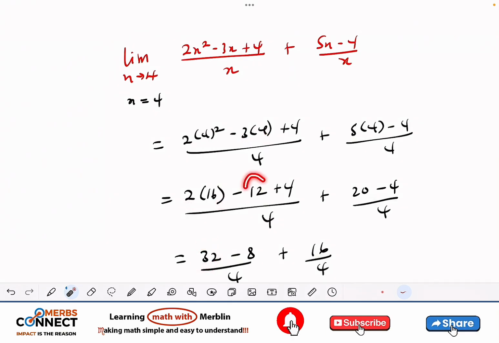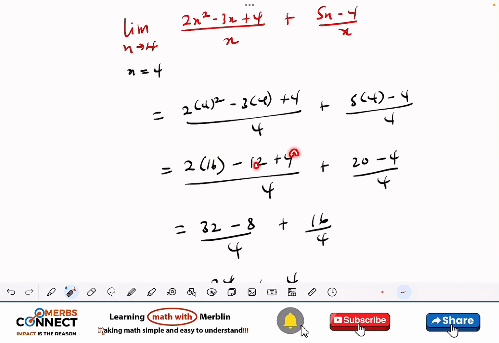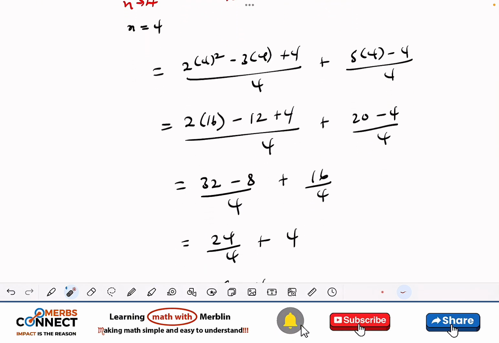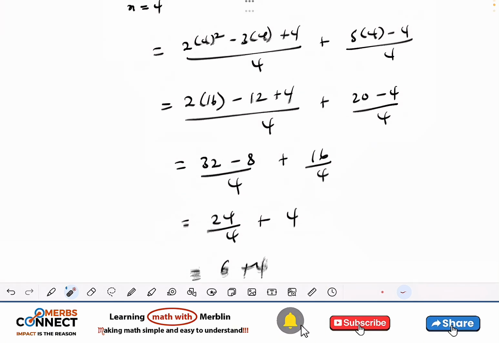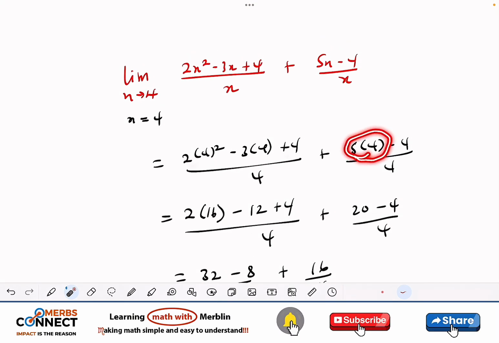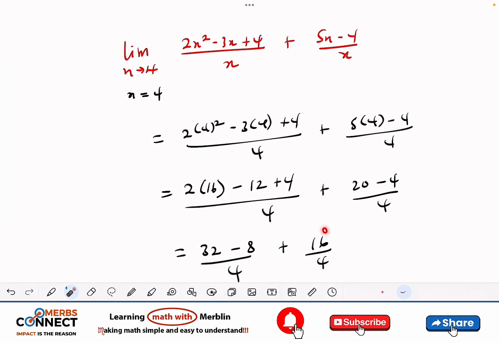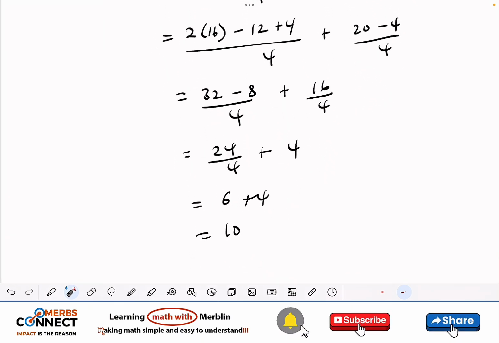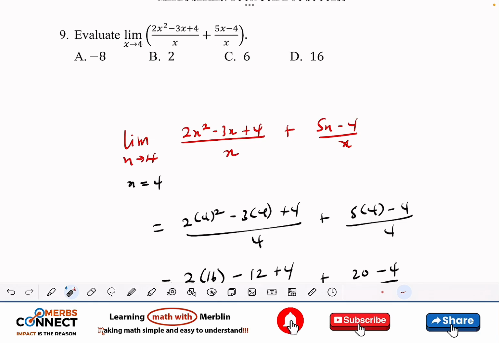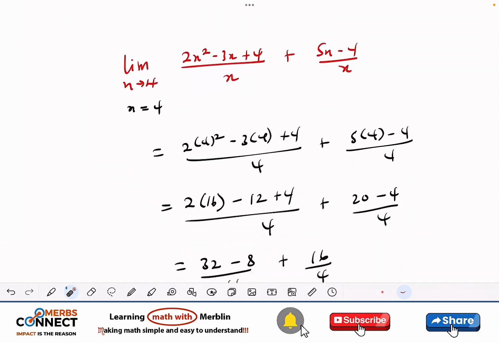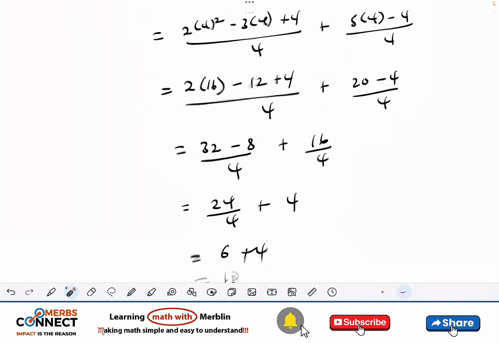This is 12. 4 from this one is going to give us minus 8. Minus 8 from this should be giving us 24. Yeah, that's true. And then 20 minus 4 should be giving us 16. And okay, so we don't have the option in here. That is okay.